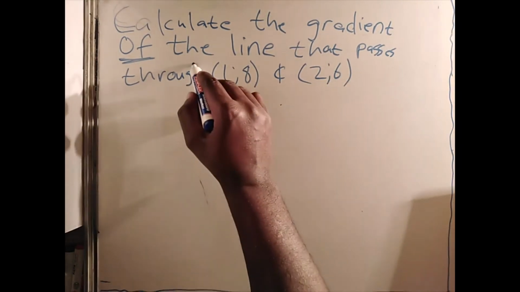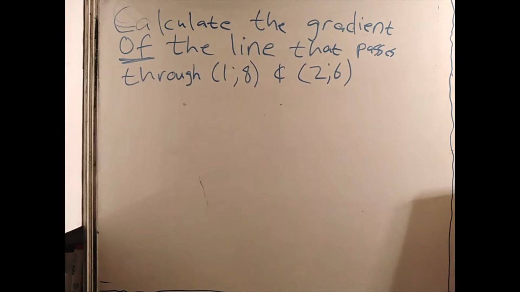These are the points where this line passes through, and you are requested to calculate the gradient. So the question is, how do you go about doing that?